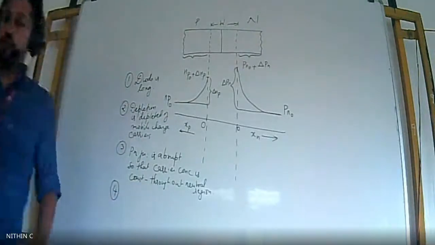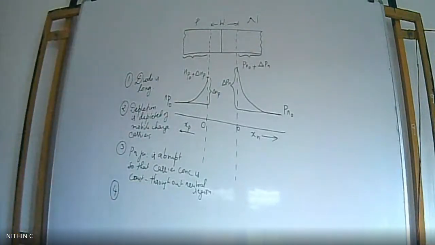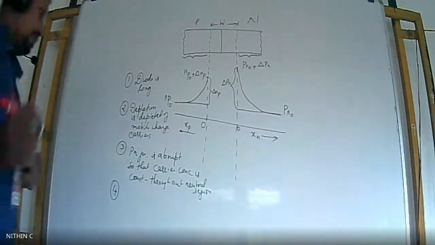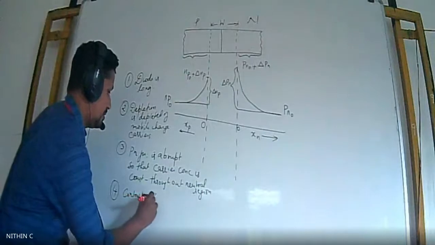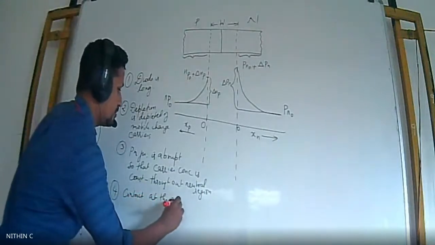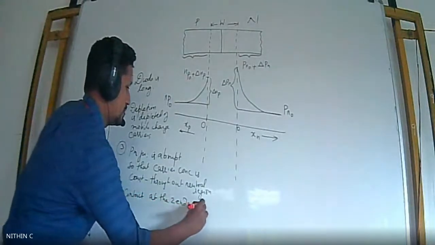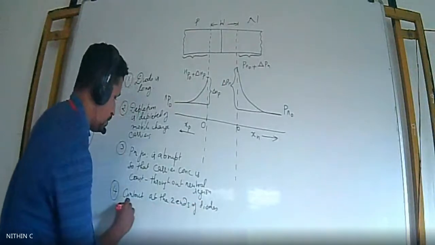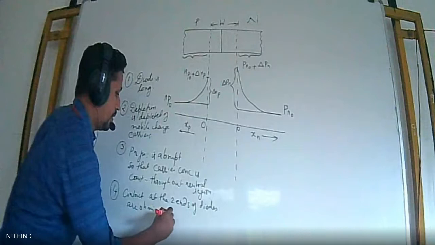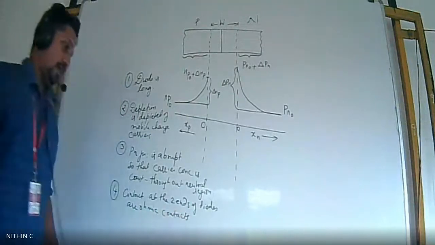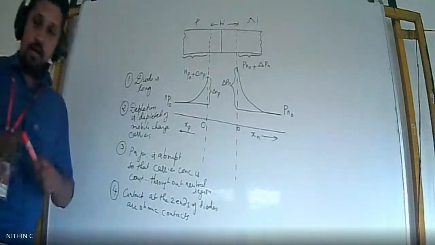Now we have the fourth point: the contacts at the two ends of the diode are ohmic contacts. Okay, the contacts at the two ends of the diode are ohmic contacts.